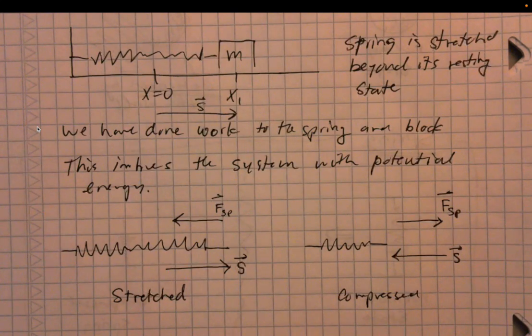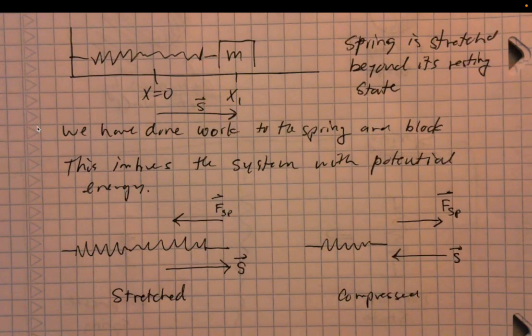So the force exerted by the spring is always opposite the displacement of the end of the spring, relative to its resting position. If we compress it, it wants to be uncompressed. If we stretch it, it wants to be unstretched. It's always going to go in the opposite direction of the displacement.